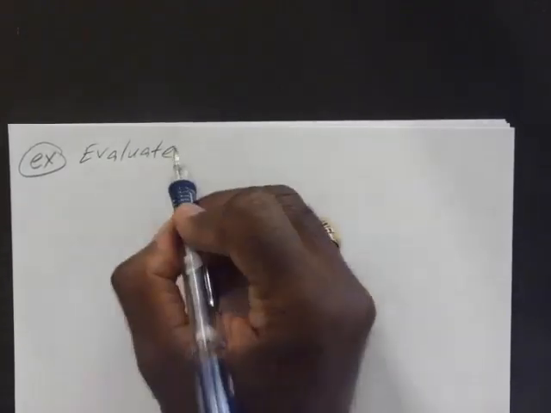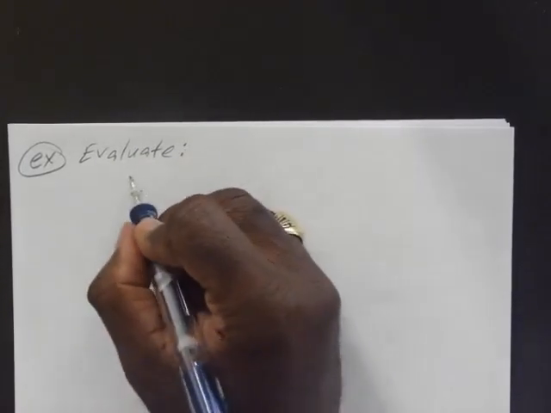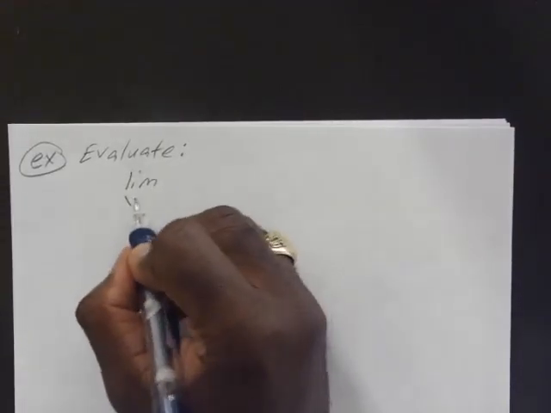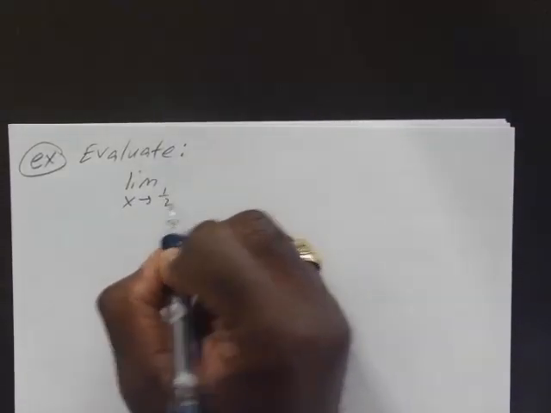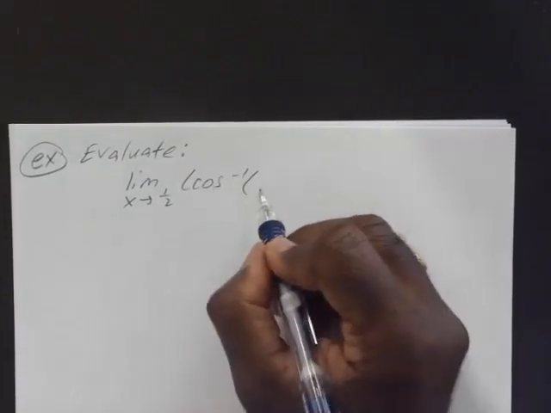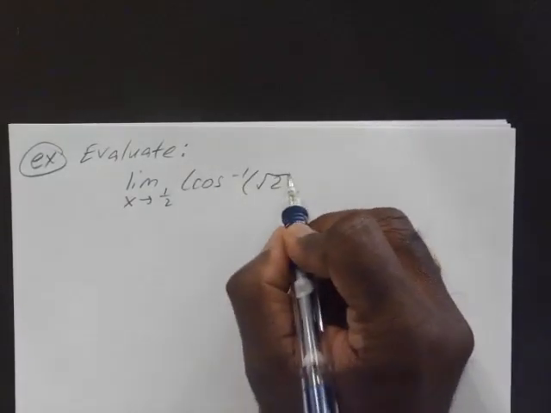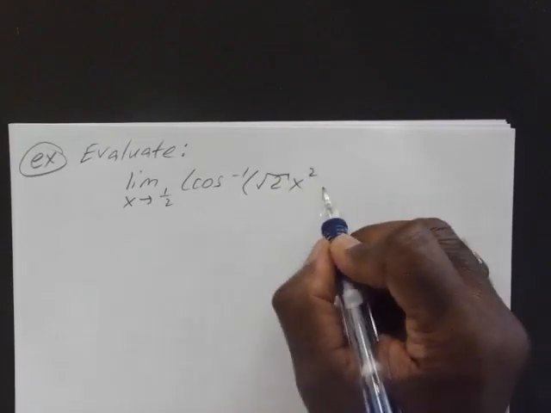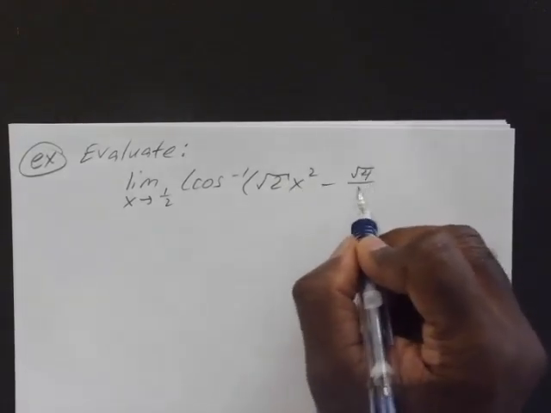Let's say we wanted to evaluate the limit as x approaches 1/2 of cosine inverse of the square root of 2x squared minus square root of 2 over 4.